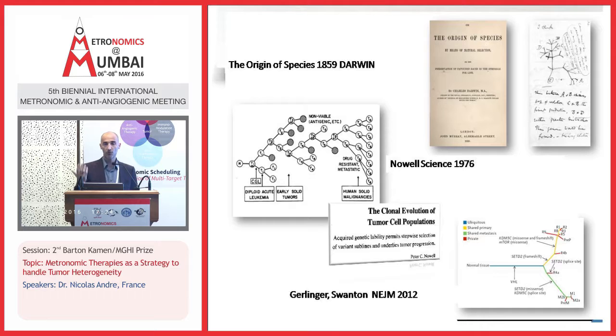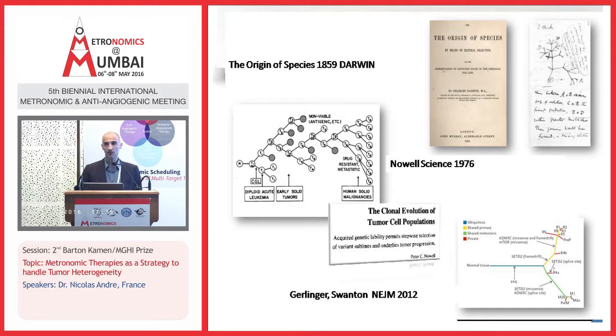If you reproduce better, this small difference becomes dominant in the population, and slowly it transforms the whole species. In 1976, Nowell published a paper in Science, and he was the very first to introduce evolution in oncology, from a normal cell to its transformation into a cancer cell, into an aggressive cancer that would eventually be resistant to treatment.